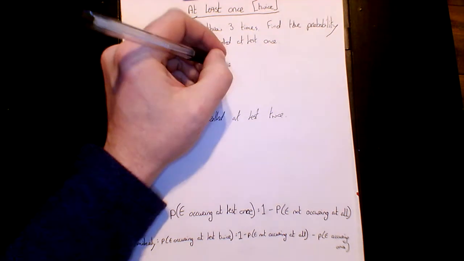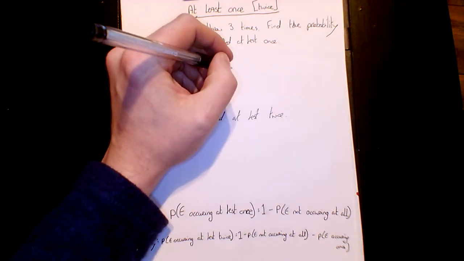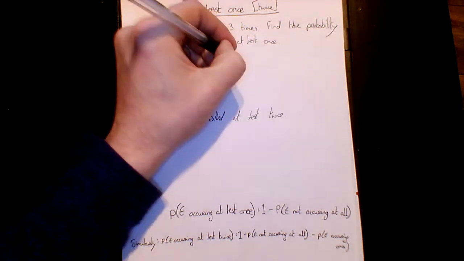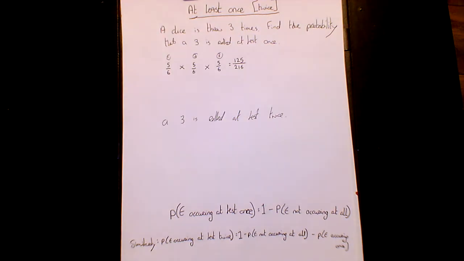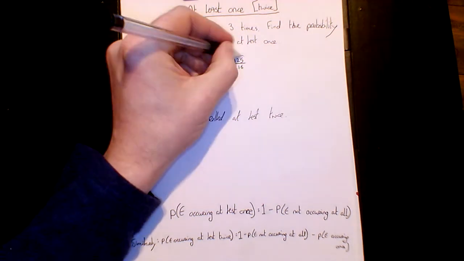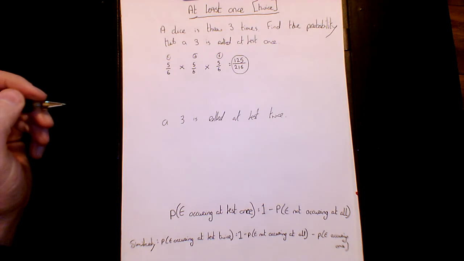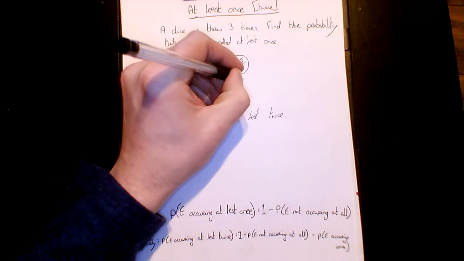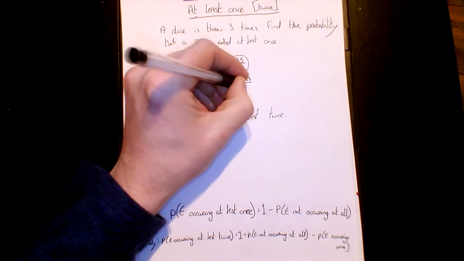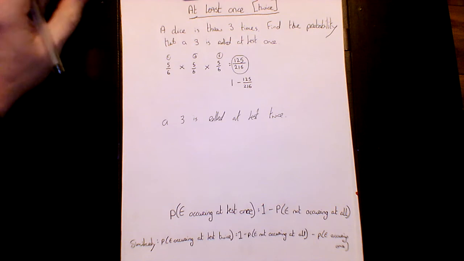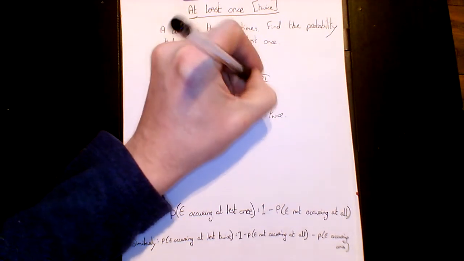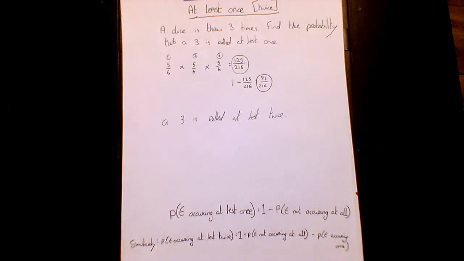So that's 6 by 6 by 6, which is 216, and 5 by 5 by 5 is 125. Now that's the probability of a 3 not being rolled at all. So to find the probability of a 3 being rolled at least once, we minus it from 1, and we get 91 over 216. So that's the probability of us rolling a 3 at least once.